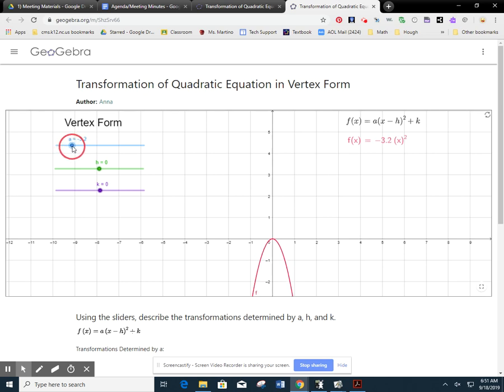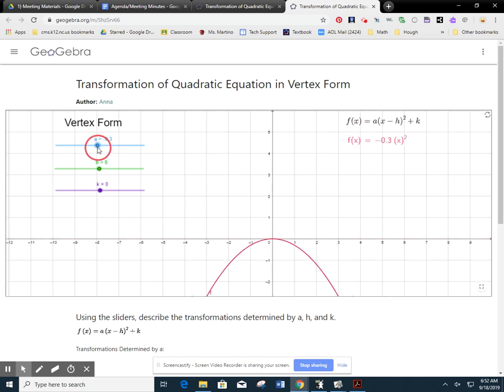It's being pulled from below. So if you put your fingers on these ends right here and pulled downward, then it would get skinnier. So that's still a stretch, and compression is still going to be closer to 0. So between negative 1 and 0, now instead of a compression pushing down from above, now it's pushing up from below. So that's a compression, and then it's flat. So that's how A works.